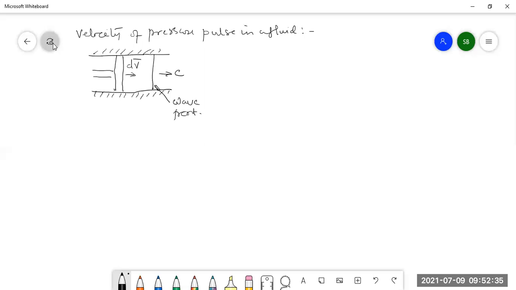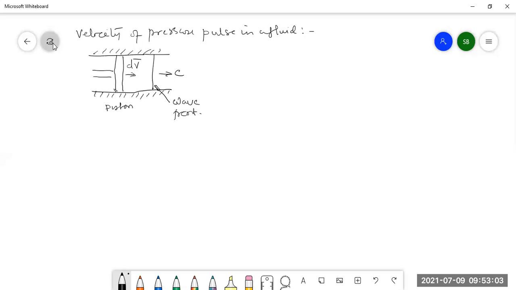Now, let us consider an infinitesimal pressure wave, created by a slight movement of the piston to the right. This is the piston. Initially, the piston was in a stationary position, and the wave front was also at a particular place in the duct. If the piston moves slightly, the velocity changes slightly by an amount dV.